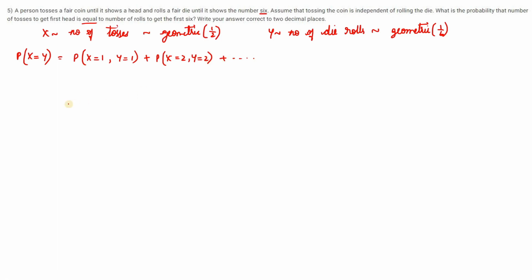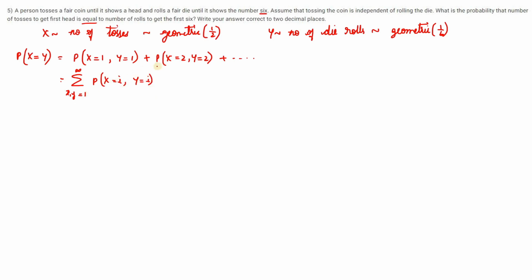So this is the summation over i from 1 to infinity of P(x = i, y = i). Remember that the geometric random variable starts from 1.